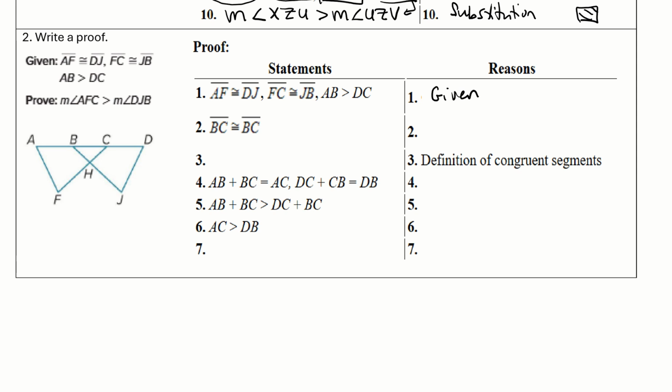Okay, so let me mark this out. So we got AF is congruent to DJ. FC is congruent to JB. And we get AB is greater than DC.